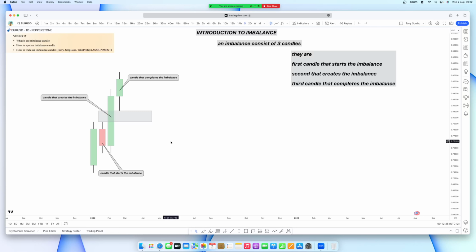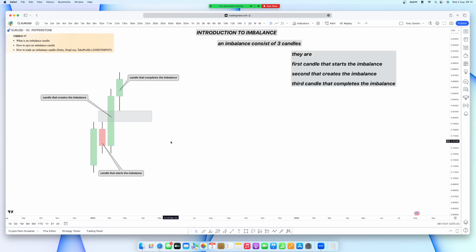We've seen this happen so many times that it is very, very important. Even though other people have other trading strategies, I've seen people who still make sure they use imbalance as an area of entry, because this concept goes as far back as when the Forex market even started.